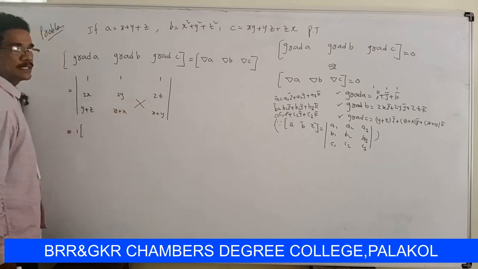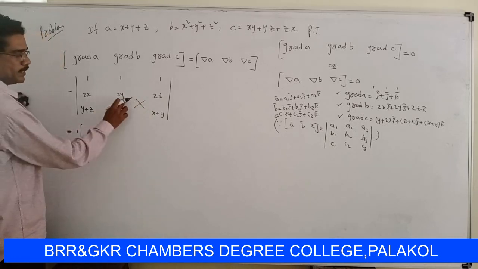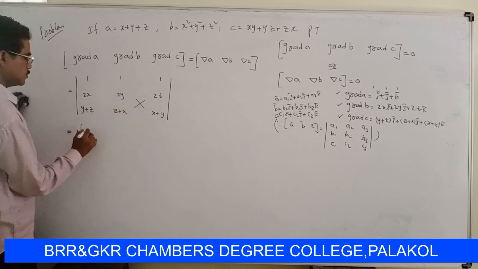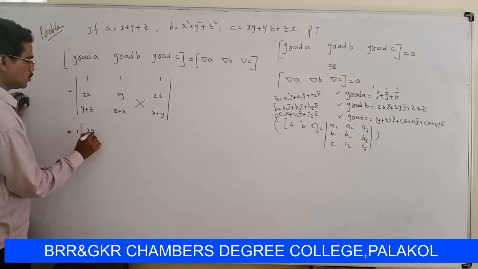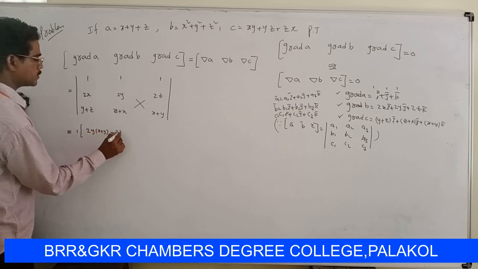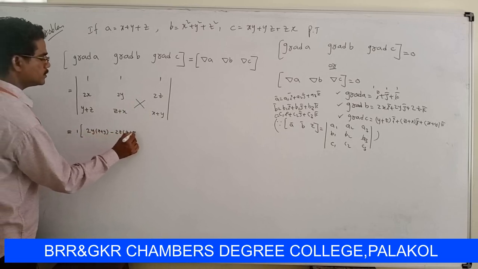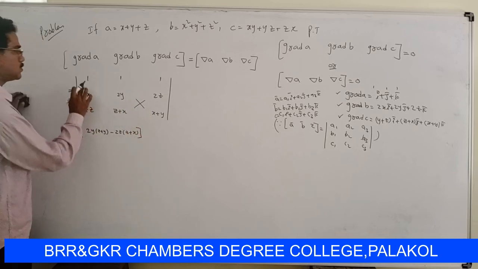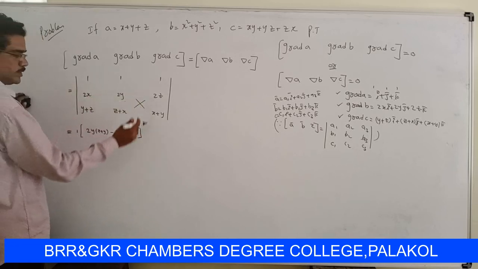The formula is AD minus BC. So that means 2y into (x plus y) minus 2z into (z plus x). This is 1 with respect to ABCD.